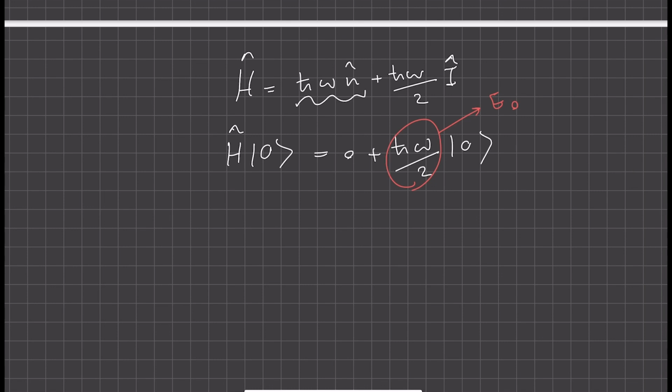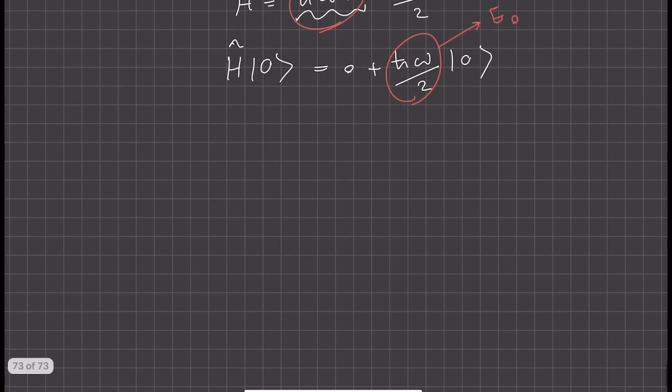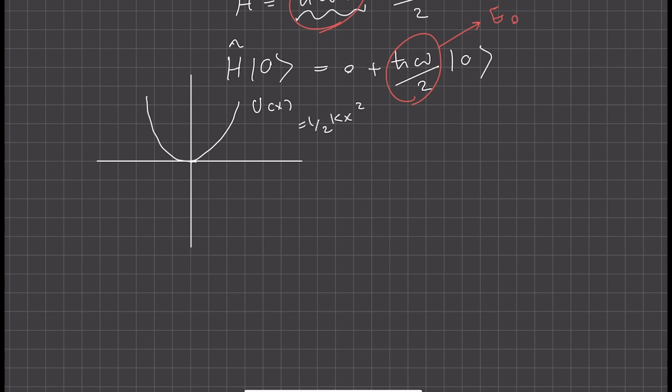And now for the other states, we would have this number operator taking the n out. So simply, the procedure for quantization of the simple harmonic oscillator gives us this picture: if we have this potential U of x, which is 1 over 2 kx squared, we would have this ground state energy, and then we would have equal distances of h bar omega between the energy states.